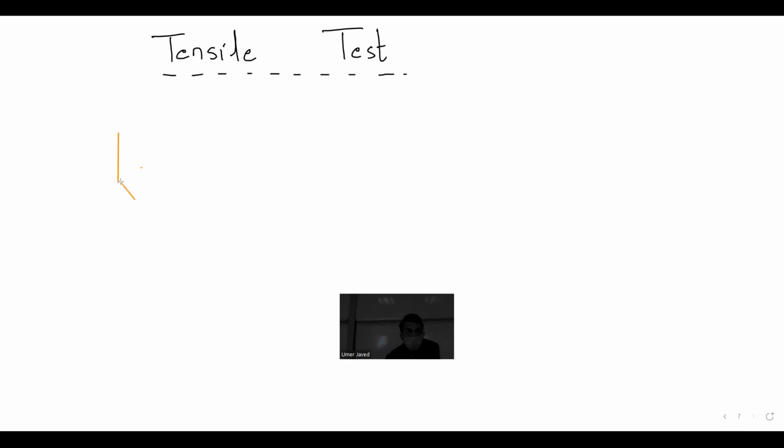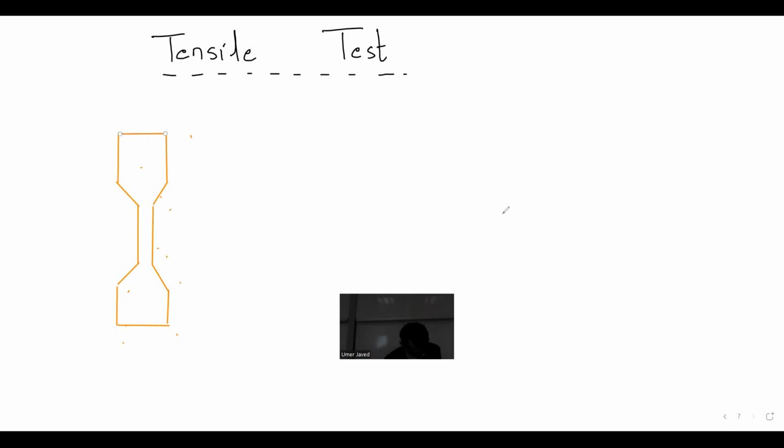We have a dog bone specimen like this, and it goes like this.